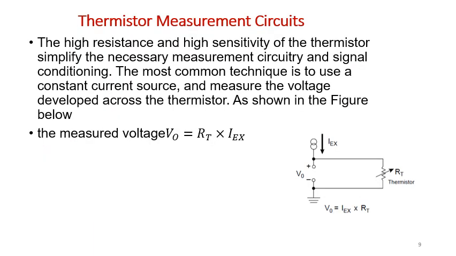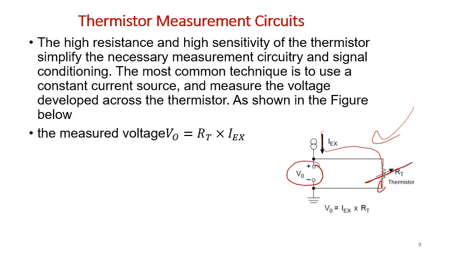Now to use the thermistor, as we know, its output is resistive, so we can convert that resistance to voltage through this kind of circuit. This is one of the circuits used to convert the thermistor resistance to a voltage. Simply, we allow current to flow through the thermistor, and that is going to cause a voltage on the output.